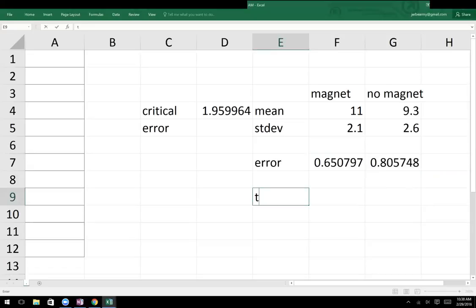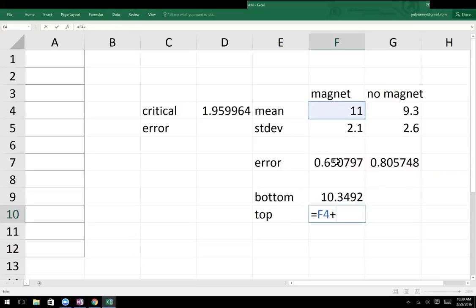So the bottom of my interval is going to be the mean minus the error. Top is going to be the mean plus the error.